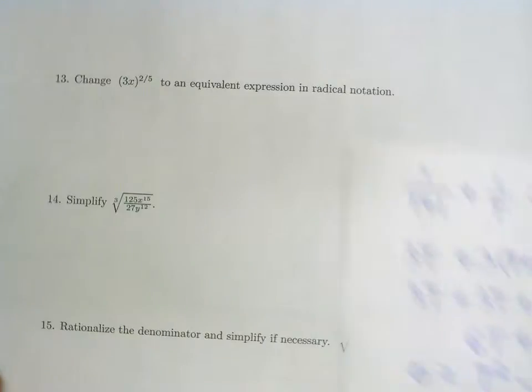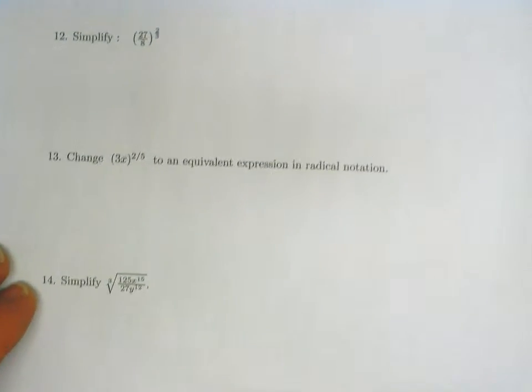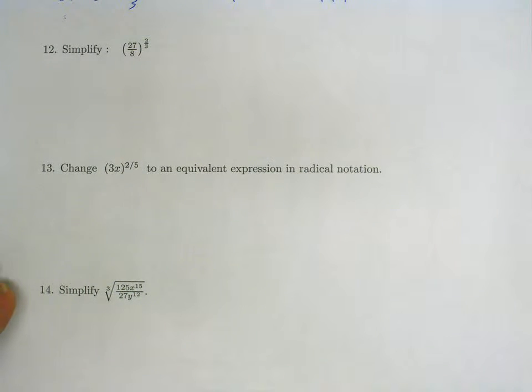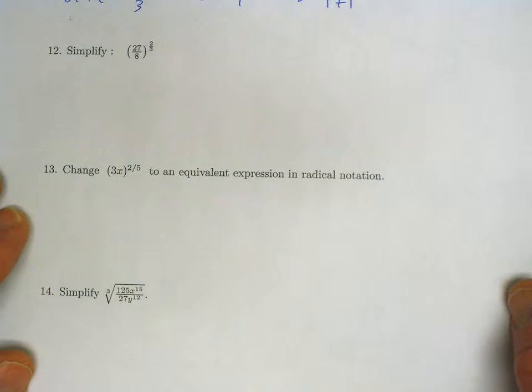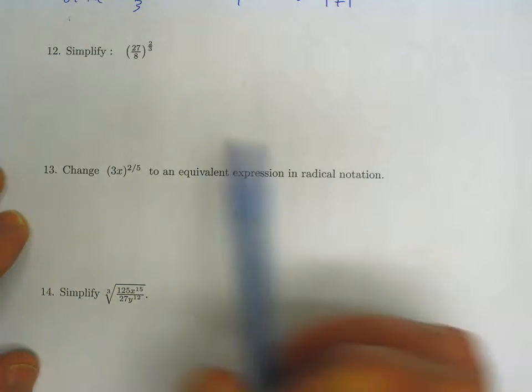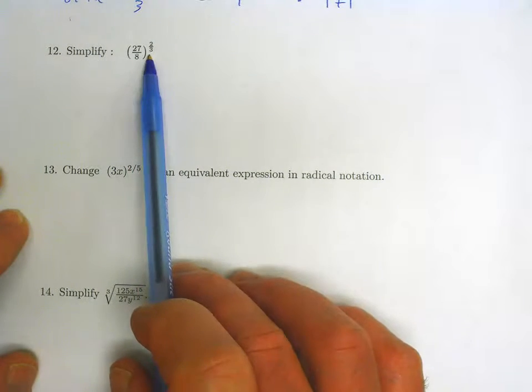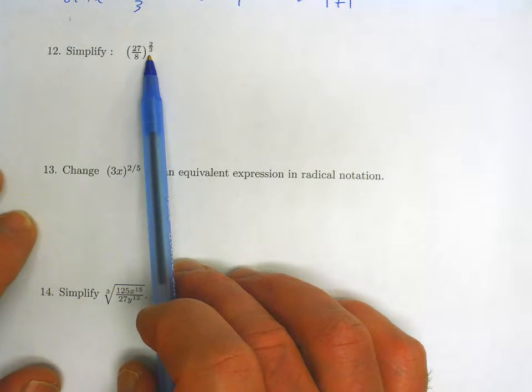Okay, moving on to the next problem, we have: simplify 27 over 8 raised to the 2/3. So the denominator of the exponent is 3.